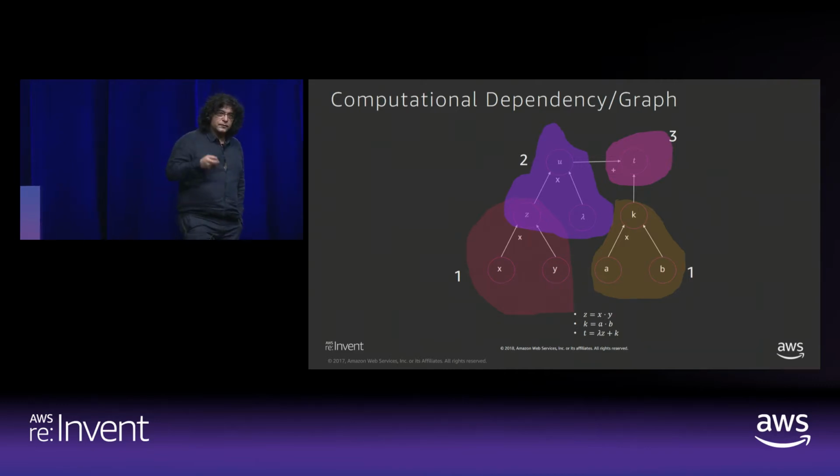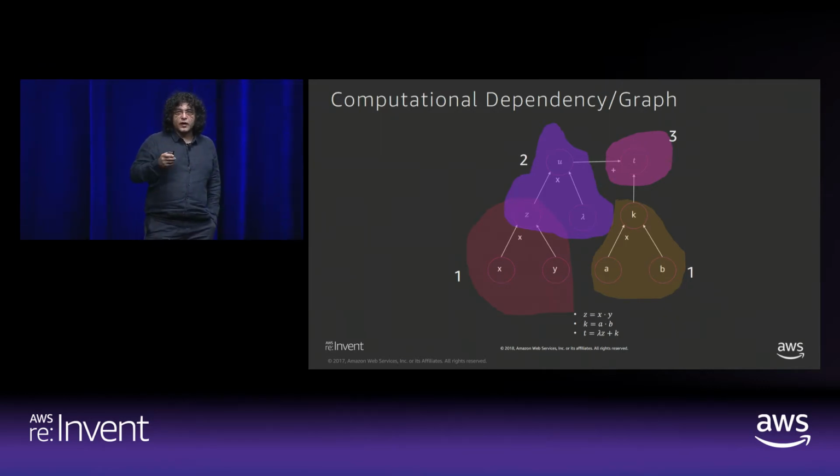So every deep learning framework that you look at is on the basis of building something called a computational graph. If you're trying to compute T, then you need to compute U and K, and then to compute U, you need lambda and you need Z. But Z and K have no dependency on one another.